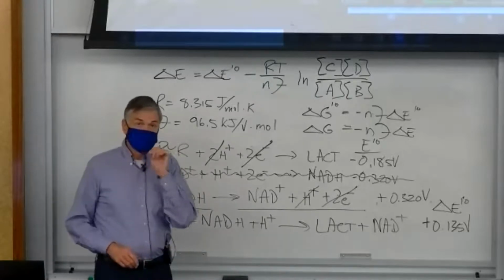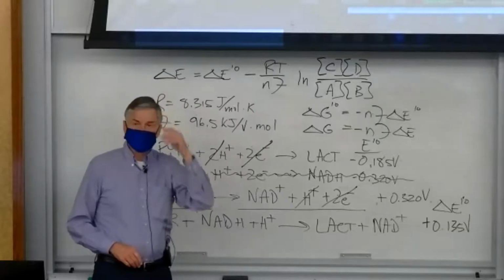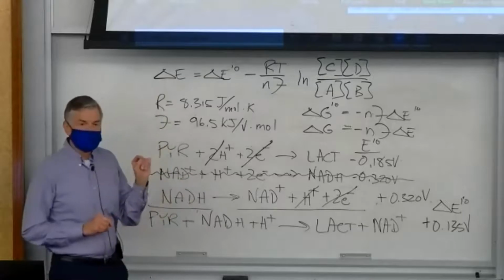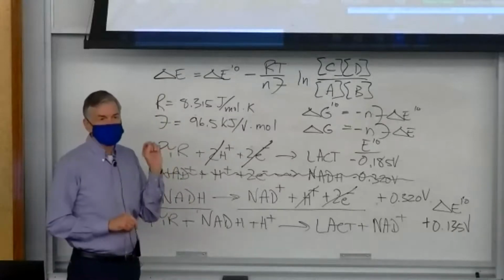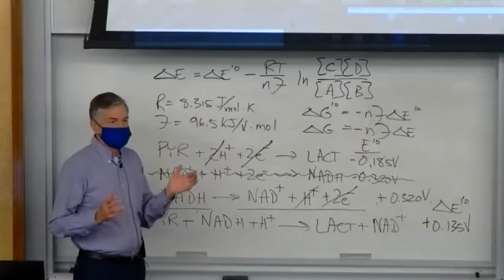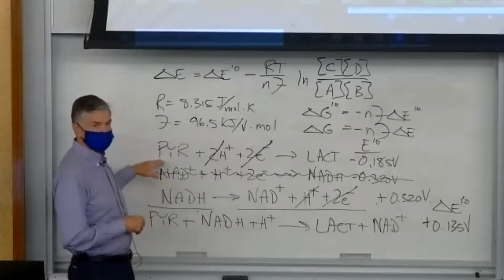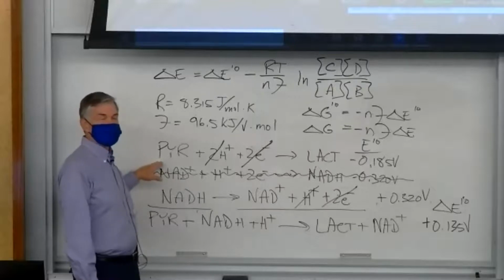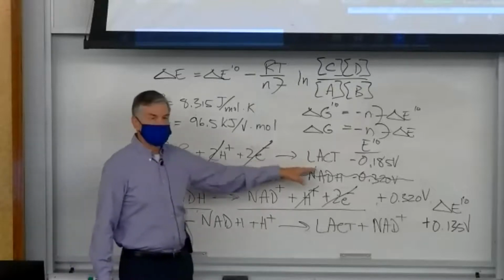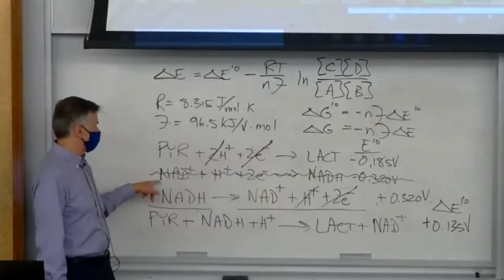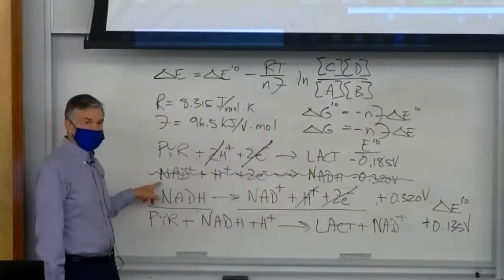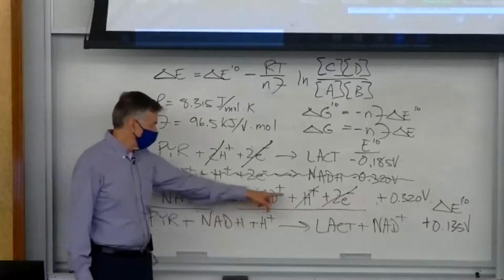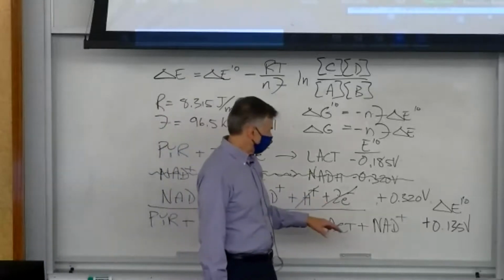That would be determined by biology in our case. So you would anticipate getting information about how the reaction was proceeding in the cell. And we know that under anaerobic conditions, pyruvate is converted into lactate. Hence, I've reversed the other half reaction to represent an oxidation, NADH going to NAD+ plus 2 electrons.